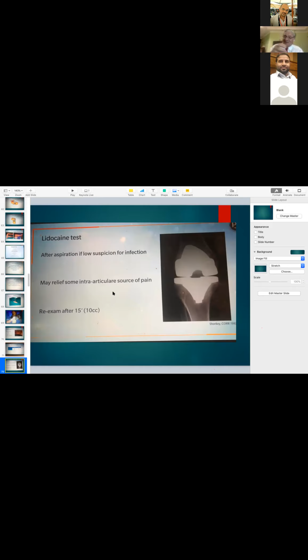So by this test, you differentiate between infection and something intra-articular like micro loosening, or a crack in the bone cement, some minor thing that causes the pain.